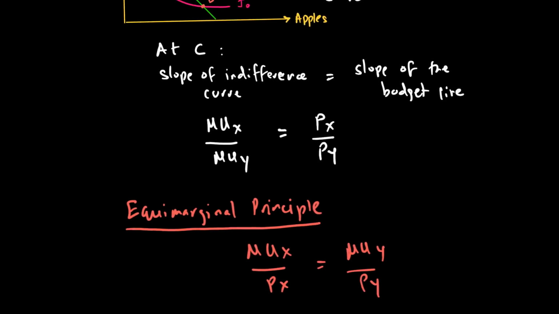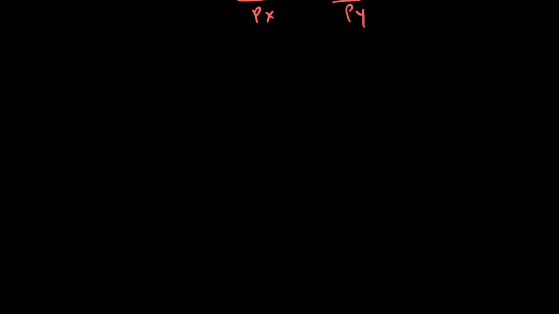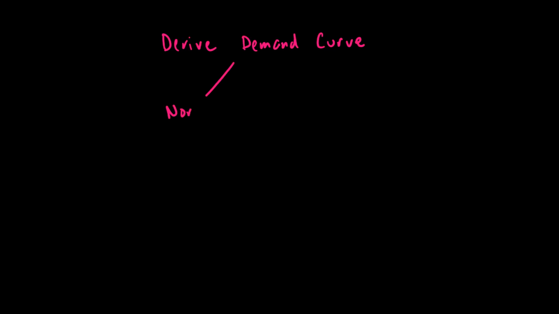Our last part of the discussion is about how we can use indifference curves to derive demand curves. Now we will make demand curves for two kinds of goods. One is what we call normal goods, and another one is what we call inferior goods.